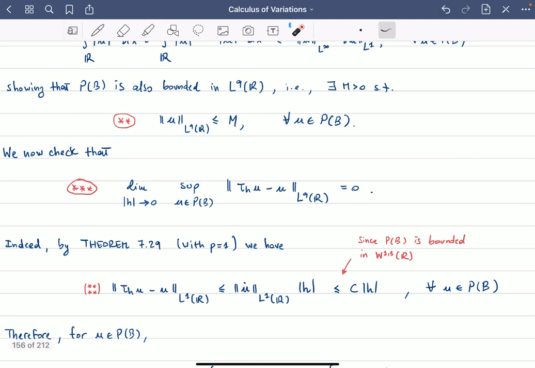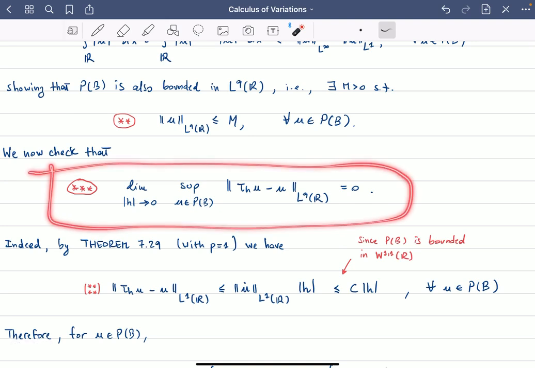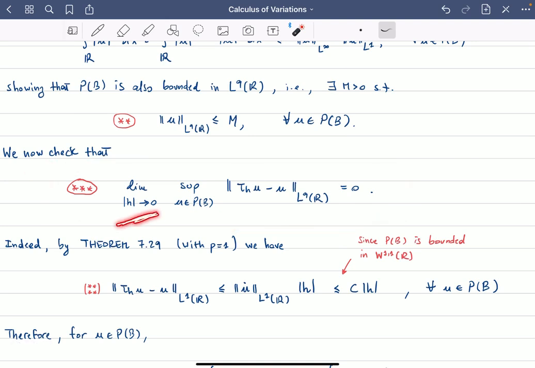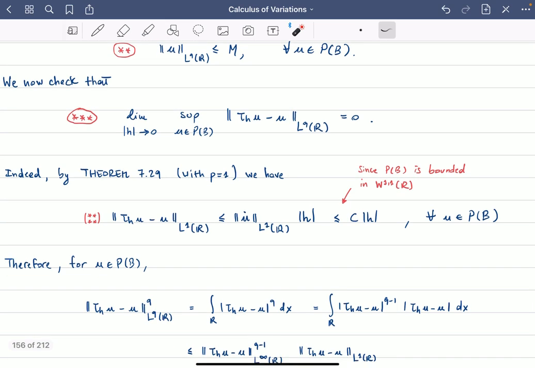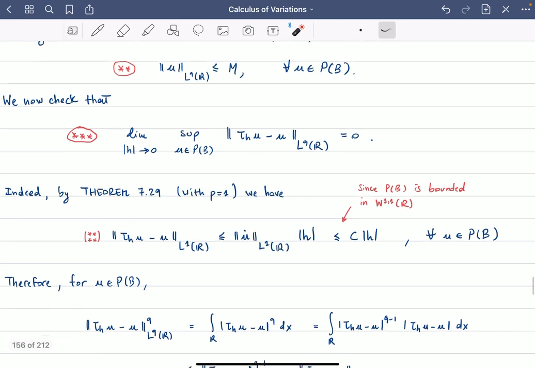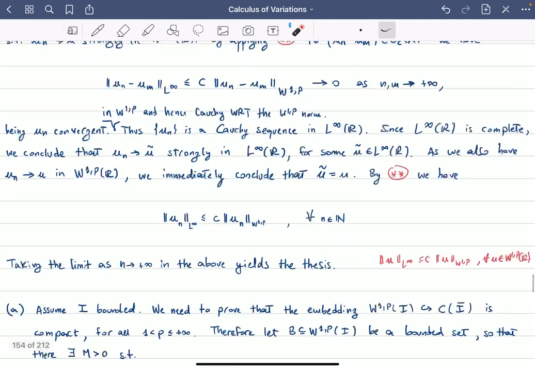We now want to check this condition triple star, that the limit as h goes to 0 of the supremum over all functions u in P of B of this translation is going to 0. And here we use theorem 7.29, which maybe it's a good idea to go back to.